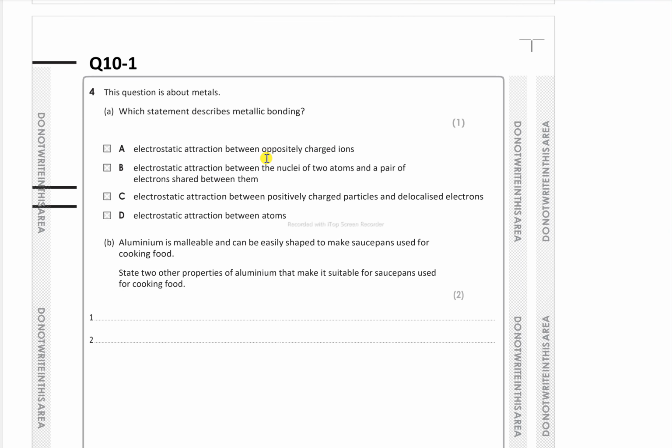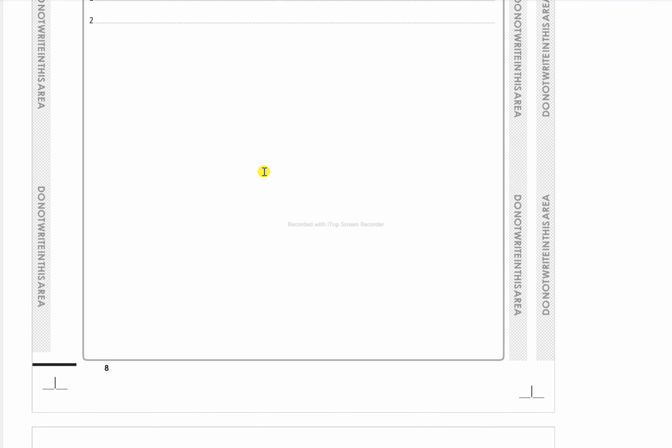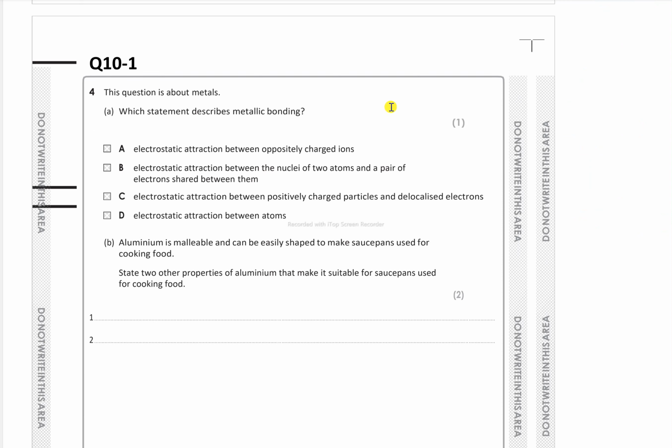Right. Look at the last one. This question is about metals, metal bonding. Which statement describes, okay, electrostatic forces of opposite, no, it's not that. Electrostatic forces between two nuclei, nope, that's covalent. That was ionic. Electrostatic force between positively charged particles and, yeah.